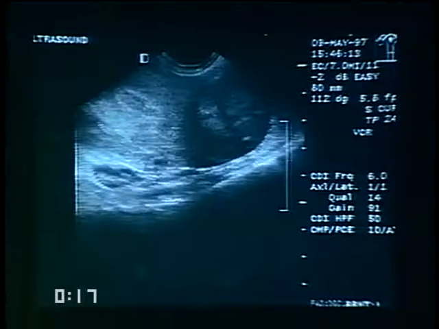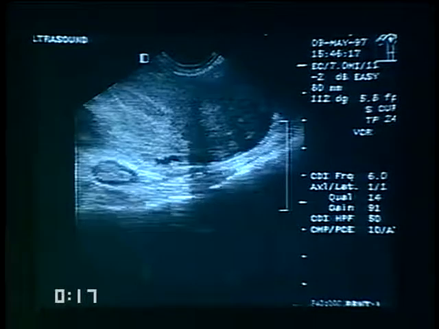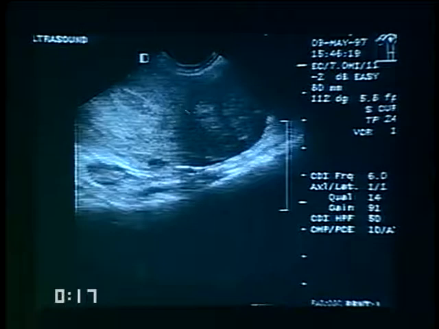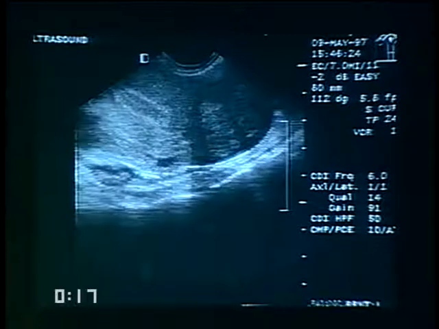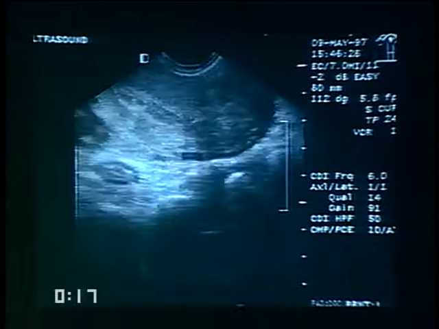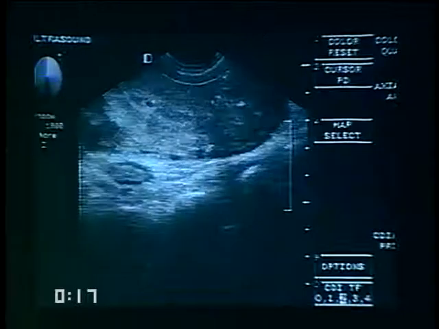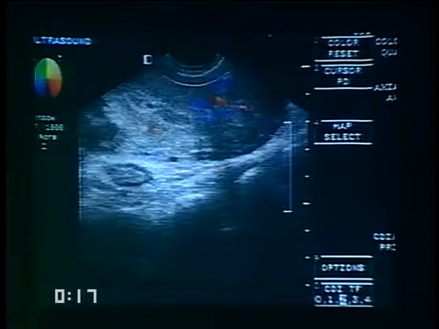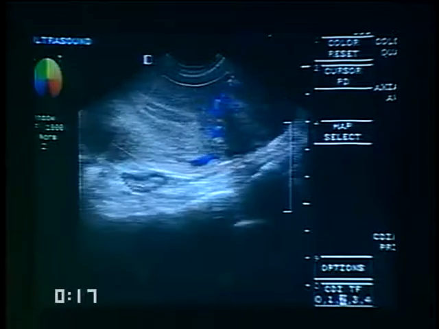Here's a transvaginal image, young woman with pelvic pain, and we see this mass at the edge of the uterus, and it looks like the endometrial stripe is coming right up to the mass. Color Doppler demonstrates considerable vascularity within the mass.